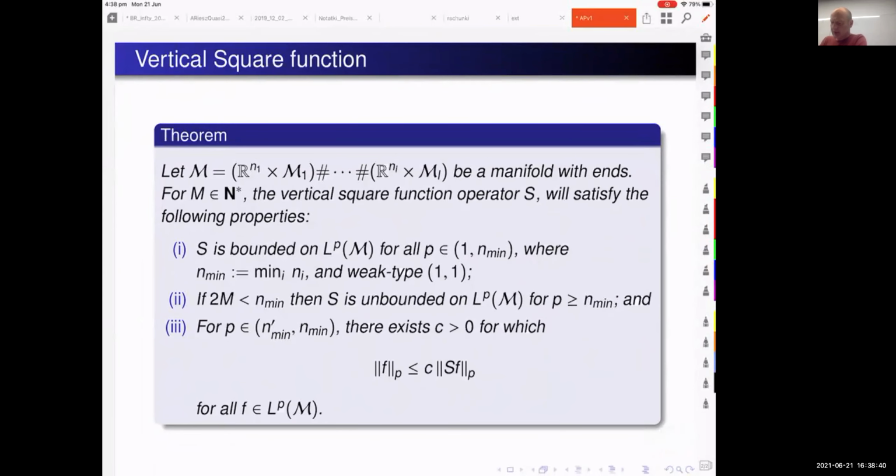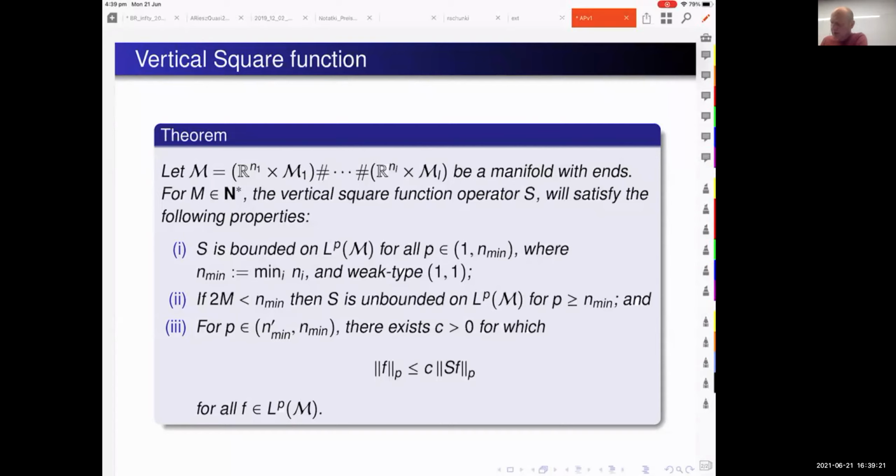In this geometrical setting, the square function is of weak type (1,1) and is bounded if and only if p is in the same range of exponents p for which the function is bounded for the Riesz transform.